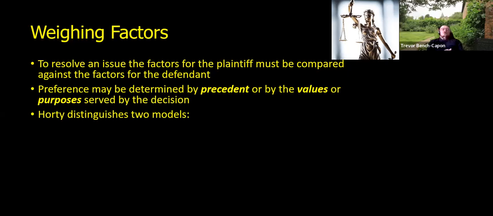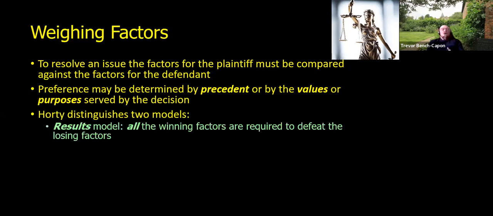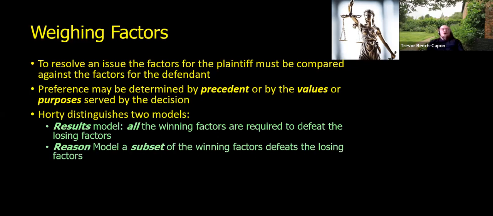John Horty has modelled this formally and distinguishes two models. The so-called result model, in which all the winning factors are required to defeat the losing factors, and the reason model, in which a subset of the winning factors is sufficient to defeat the losing factors.